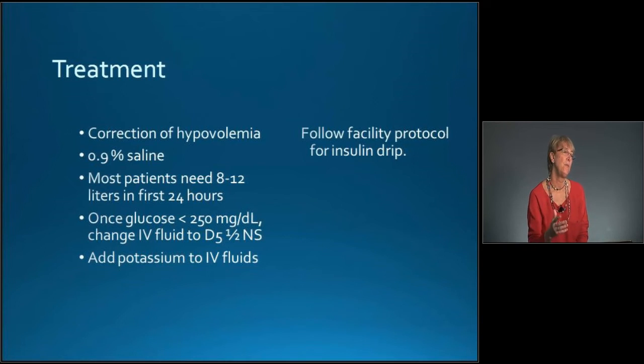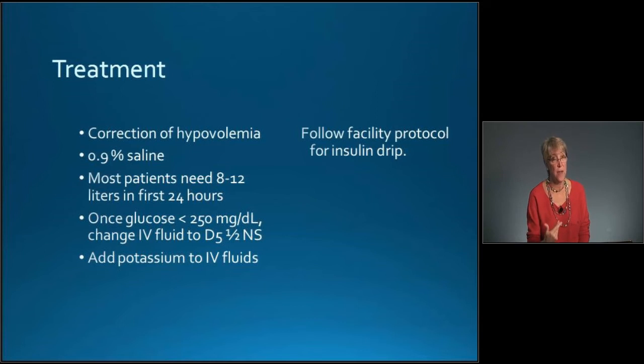So again, the treatment is similar here as it is to DKA because this patient is so dehydrated. We're going to correct the hypovolemia, normal saline first. Most patients could need anywhere from 8 to 12 liters in the first 24 hours. Once the glucose drops below 250, the fluid is changed up to give them some sugar back.